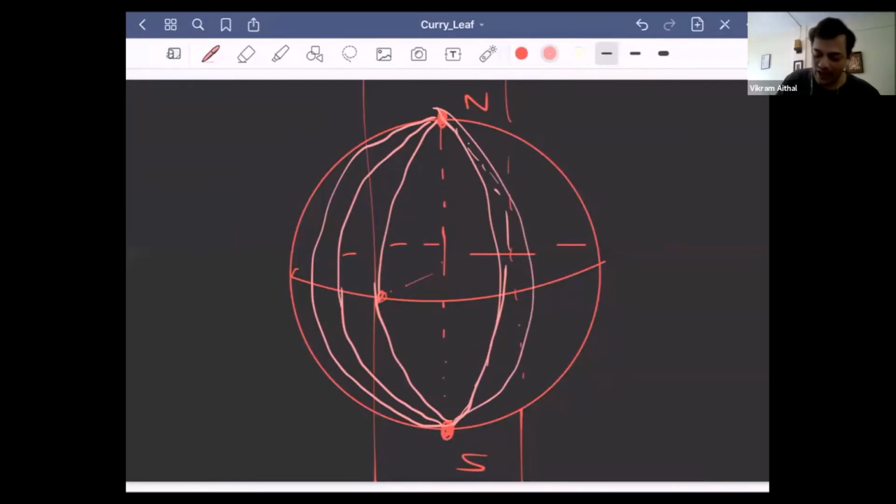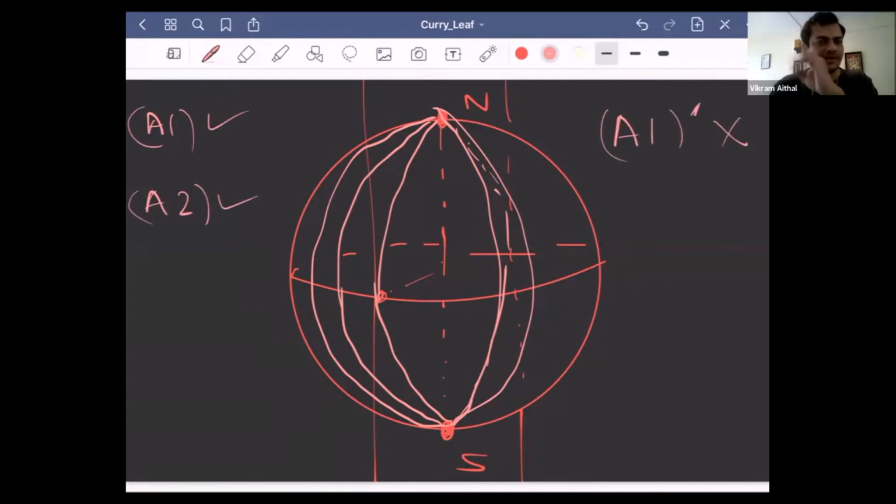So A1 is satisfied, and we have also checked that A2 is satisfied, but A1 prime fails. So we have this nice, interesting model where we have A1, we have A2, but A1 prime fails. So we don't have a unique line passing through these 2 points.